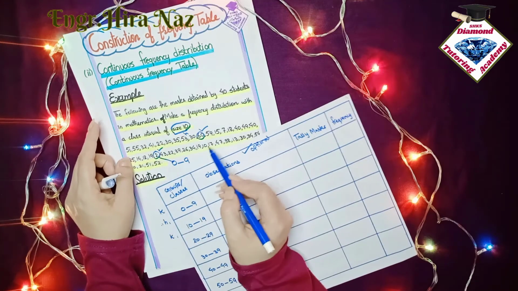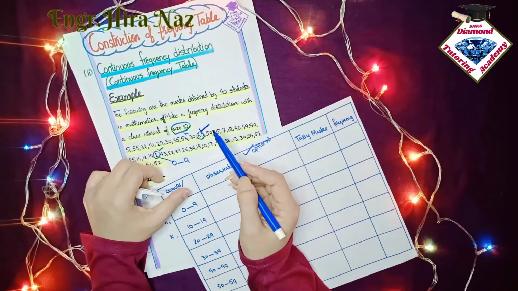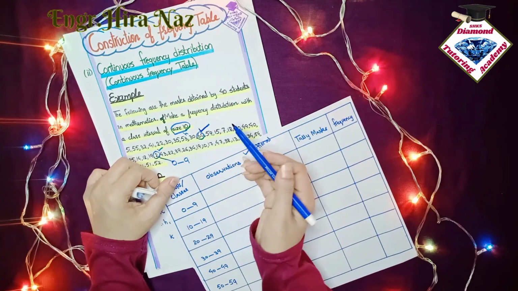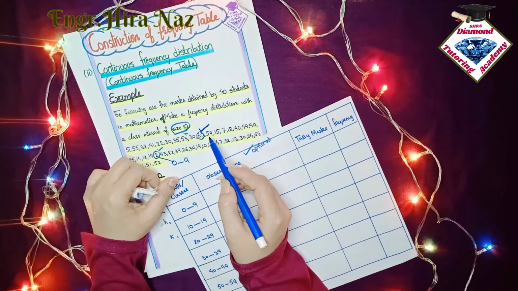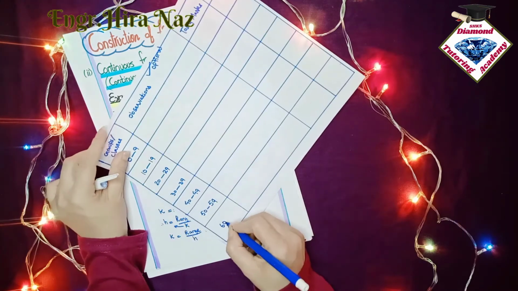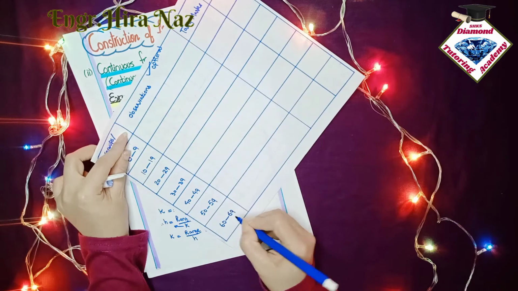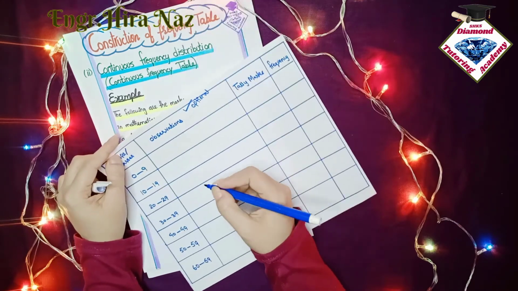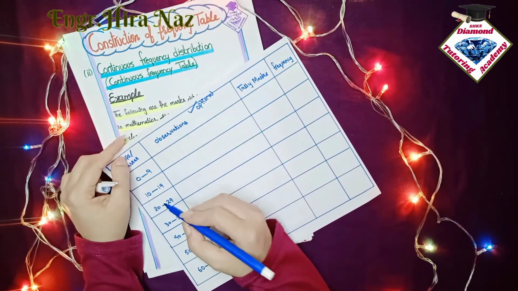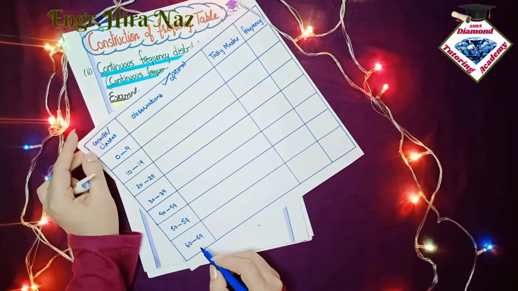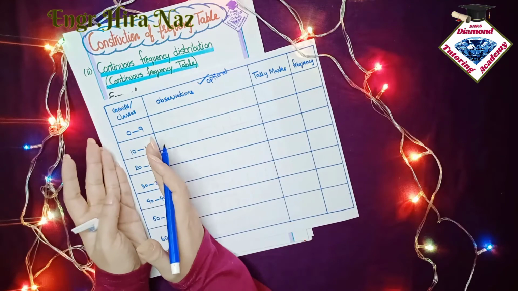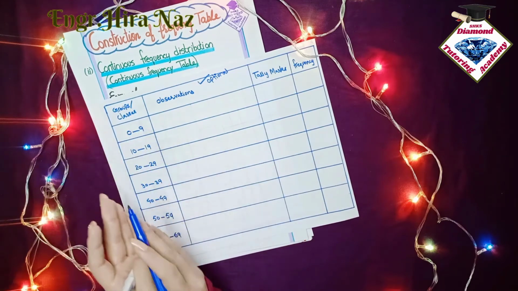Our maximum value is 60, so at the end we are left with only one number. We can extend this up to 69, because I have already told you that approximation is valid for a frequency table. Now our first column, the groups or classes, is ready.